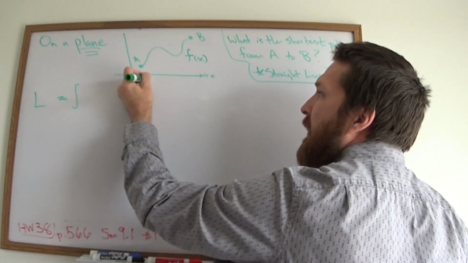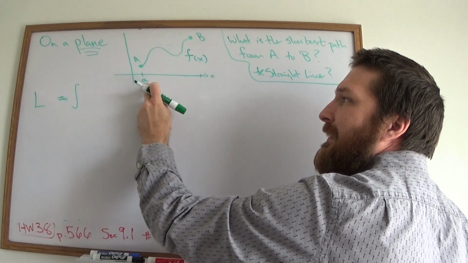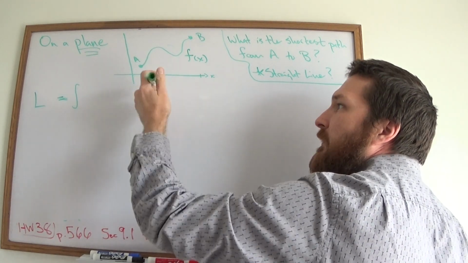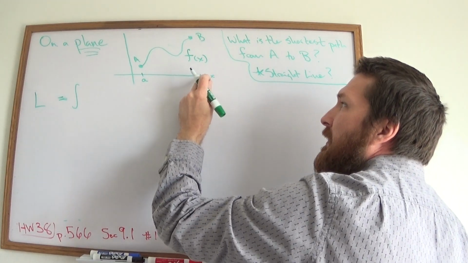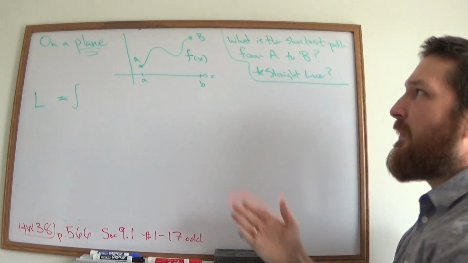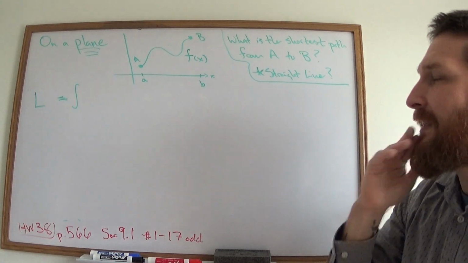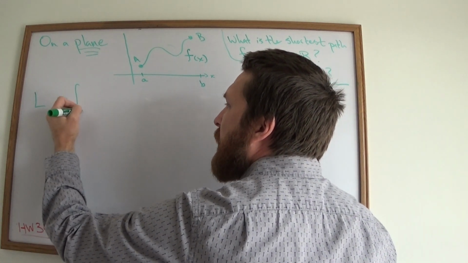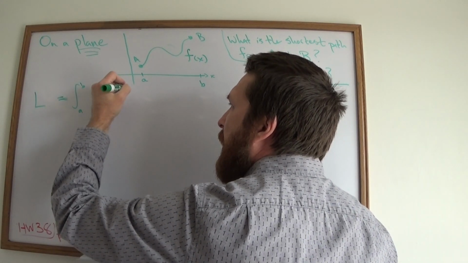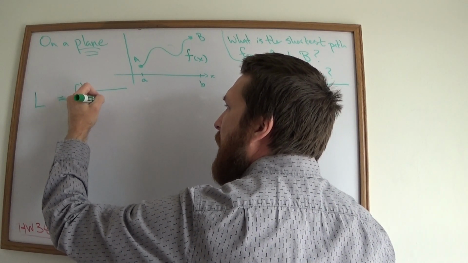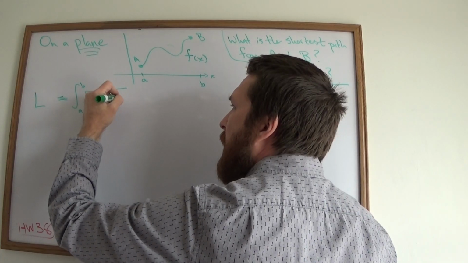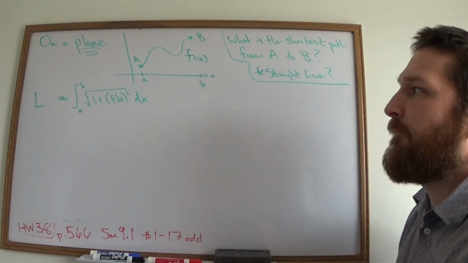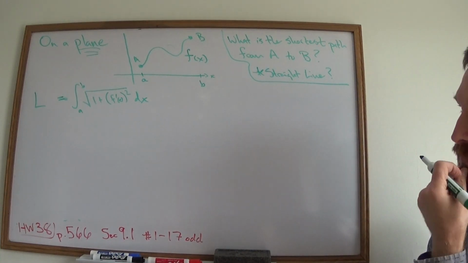And the little a is the leftward starting point, and that little b corresponds to the x value of the big B. So then the length that I'm looking for goes from A to B, and it has this form: the integral of the square root of 1 plus f prime of x squared dx. That's the length, yeah?